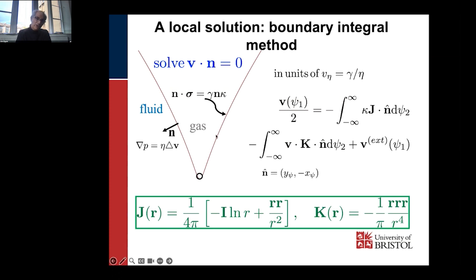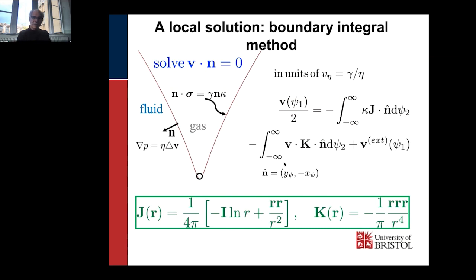But here there's a jump of viscosity across the interface because the gas is assumed as having zero viscosity. And to correct for that, I have, unfortunately, the second integral, which contains the velocity itself. And this is then some external driving, which I imagine drives the problem from afar.